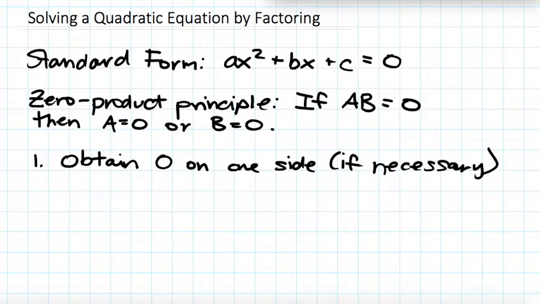If you already have 0 on one side, then you can go right to step 2. Step 2 is to factor. The reason that we need to factor is that we need to have things that are multiplied together in order to use the zero product principle. So we need to have the equation in terms of having things that are multiplied together.